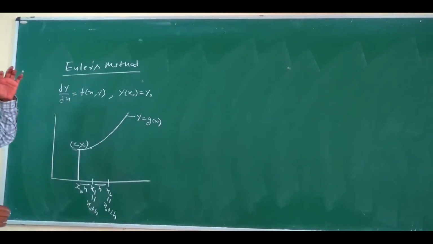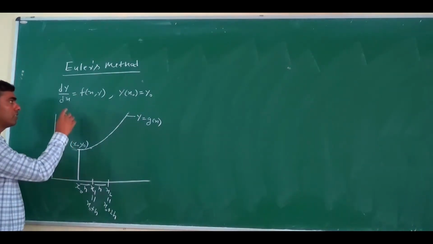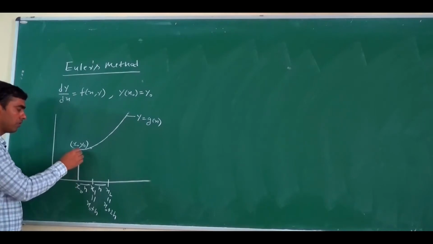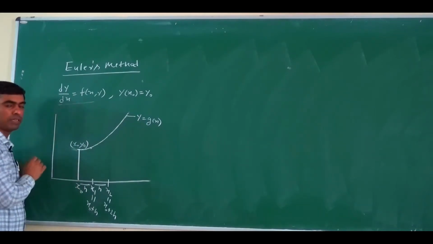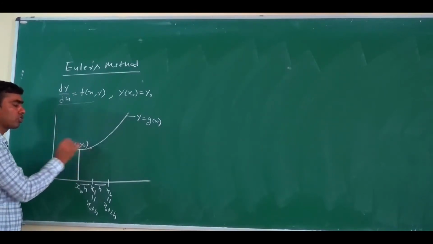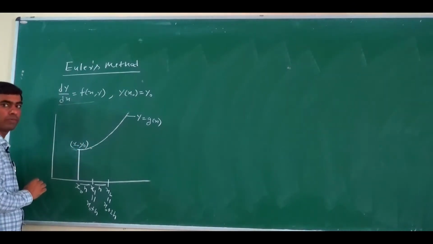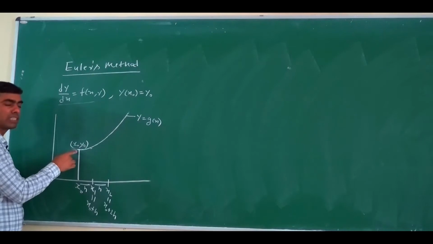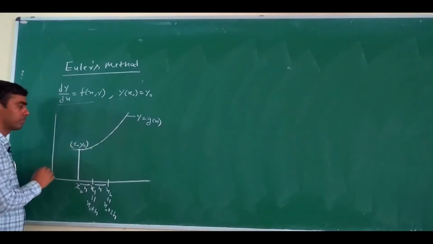So how do we find this value? In a single step method, with the help of two pieces of information, the value of y at x0 is given and the differential equation is given, we find an approximate value nearer to y1. So we approximate the function nearer to the solution.